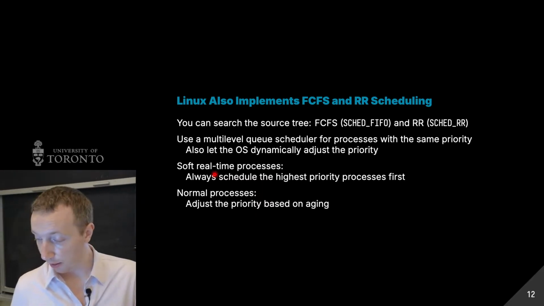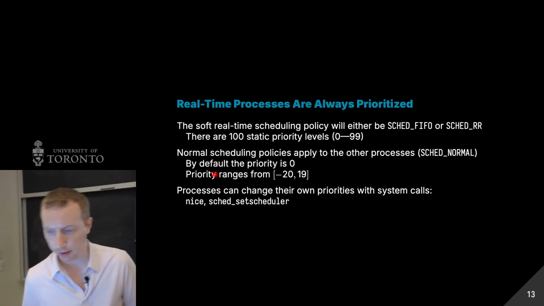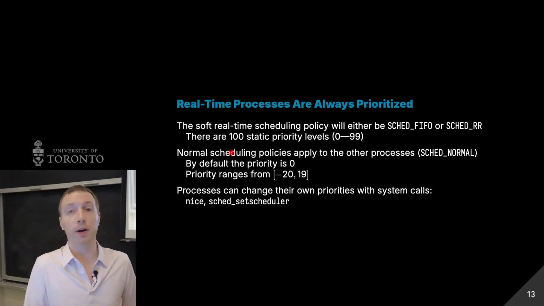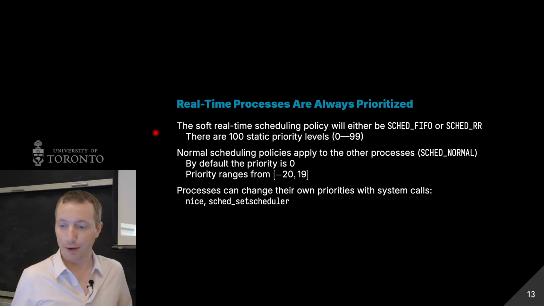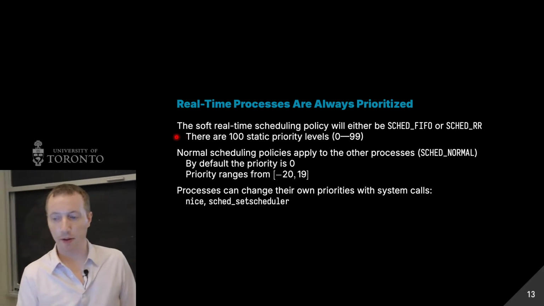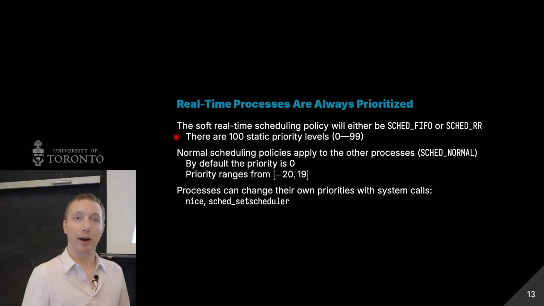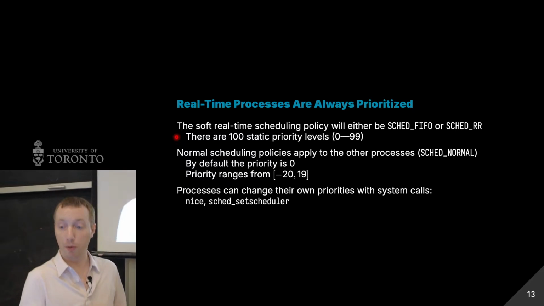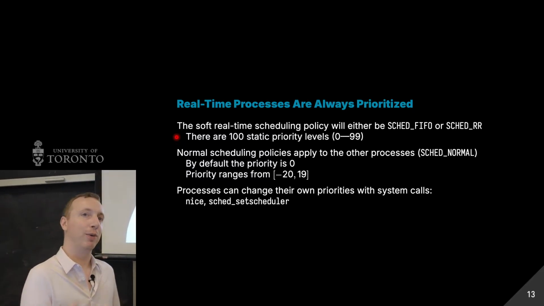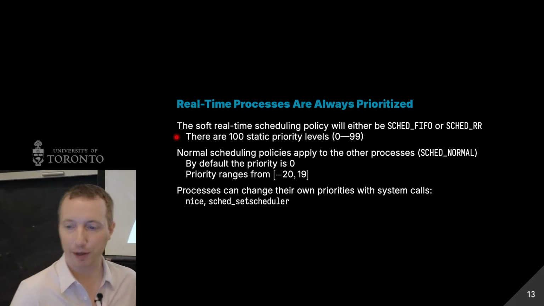These are scheduling algorithms that are actually still used to this day. Real-time processes, like I said, are always prioritized. They'll either be first come, first serve or round robin. And there are 100 different static priority levels, 0 to 99, where 0 means the lowest priority and 99 means the highest priority.